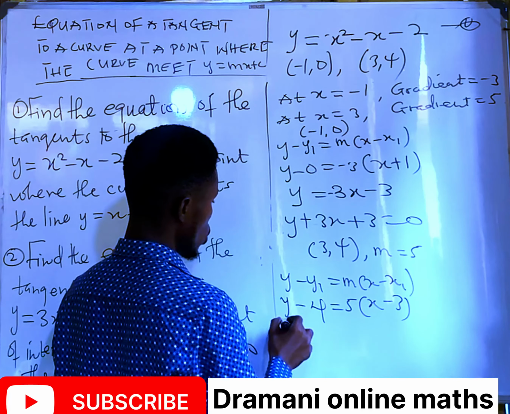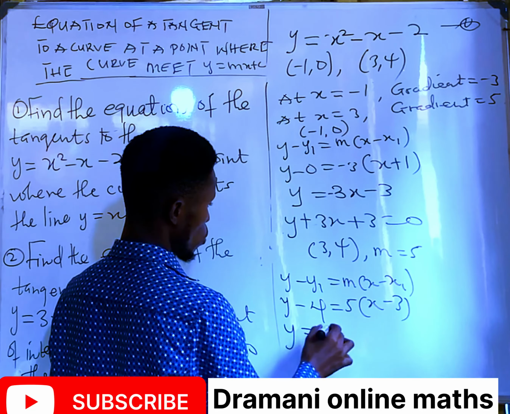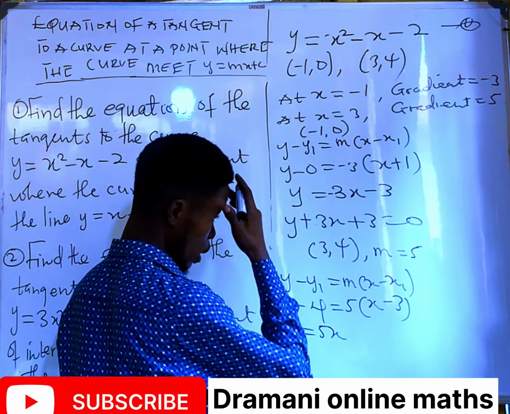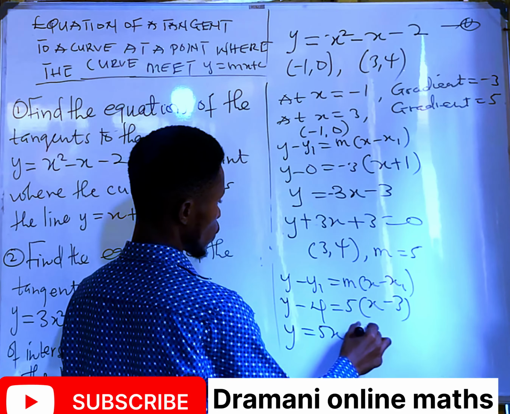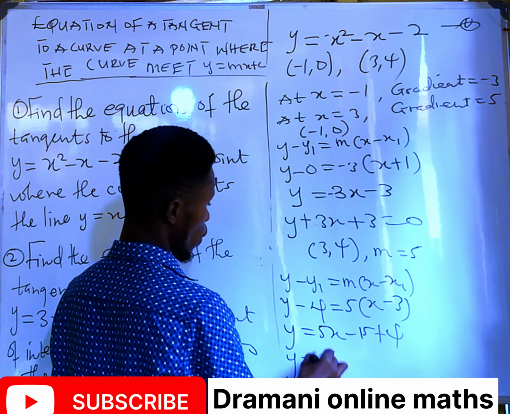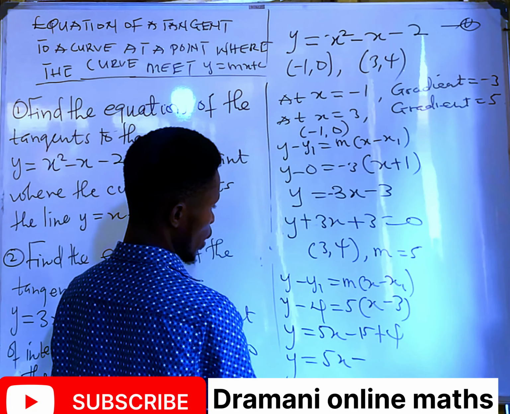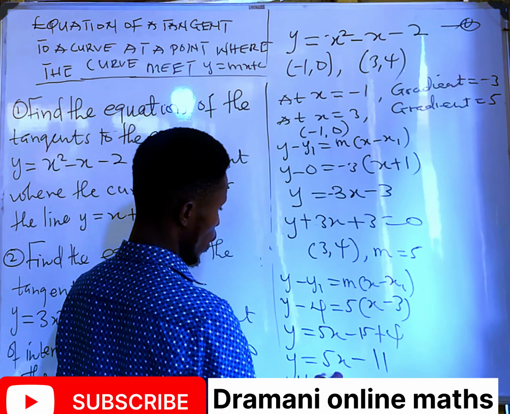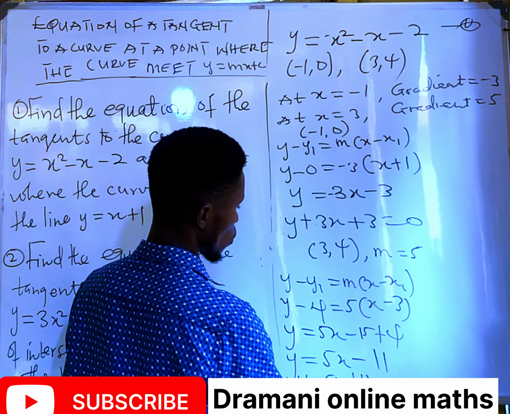So my y will be equal to 5 times x, which is 5x, and 5 times 3 is 15, so negative 15 plus 4. So I have y equals 5x minus 11, right? So you can write y minus 5x plus 11 equals 0.